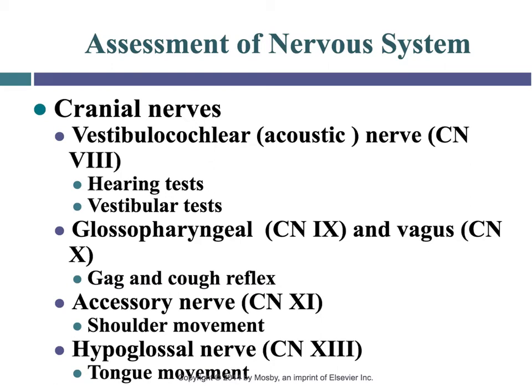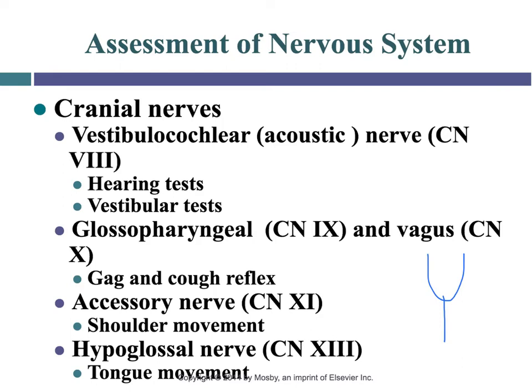I don't know if you guys saw it in fundamentals, but I am no artist by any means, but it kind of looks like a Y instrument. It's heavy. It's made of metal, and what you do is you hit it against the palm of your hand, and once you strike it, it will make a buzzing vibration sound, and it can be used to assess the acoustic nerve.